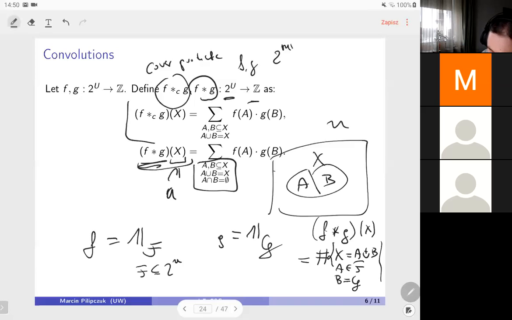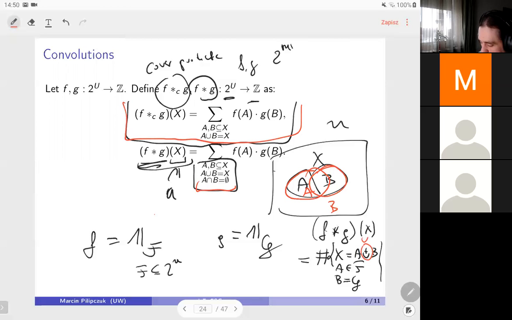In the cover product, I will use red color now, you don't have this requirement of being disjoint. So a and b can have a non-empty intersection. This one becomes just a union, not a disjoint union.